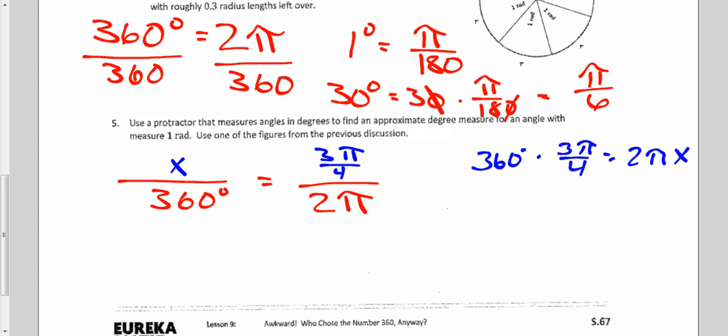Let's simplify this guy first. 4 goes into 360 how many times? 90 times. 90 times 3 is 270 pi equals 2 pi x. I just simplified this fraction. 360 times 3 over 4 is 270. Now, how do I get x by itself? Divide by 2 pi, right?